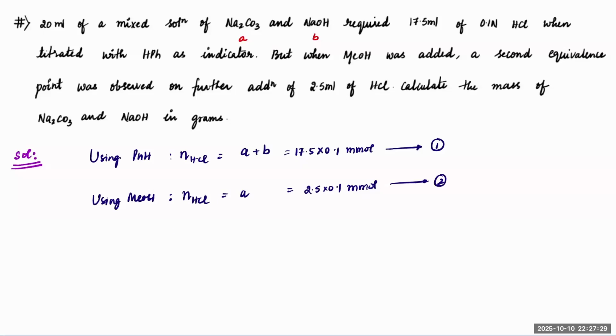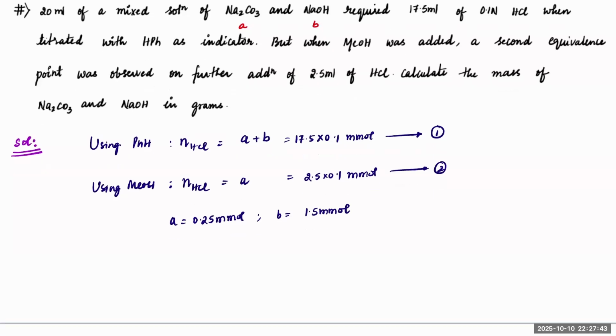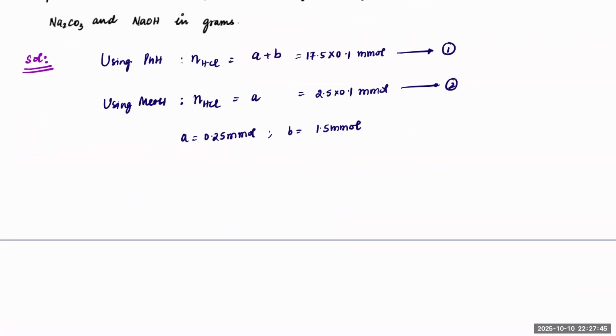So from here we can get A is equal to 0.25 millimoles and B is equal to 1.5 millimoles. So what will be the mass here? The mass of Na2CO3 will be equal to A times 106, 0.25 into 106 milligrams, and the mass of NaOH will be equal to B times 40, 40 is the molar mass.